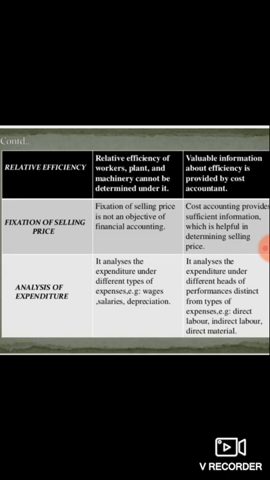Here in the relative efficiency, in financial accounting, at the end the amounts are only recorded. But in cost accounting, the efficiency of each and every variable like material, labor, the capability of administration, each and everything can be observed, and perfect calculation is done on those aspects.